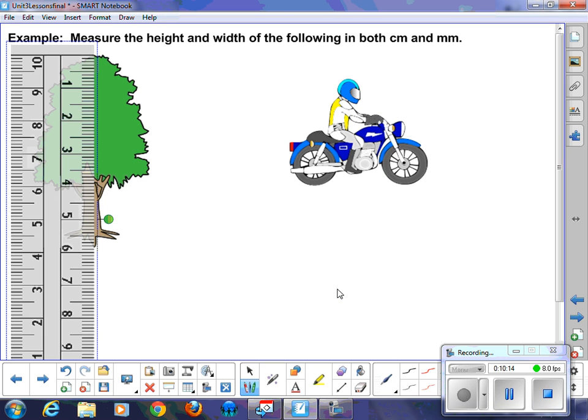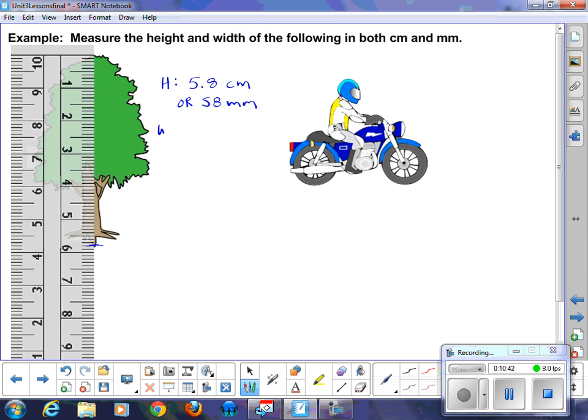So I just want to remind you of the difference between the two. So what's the height of this tree? Well, it goes down to right here. Remember, there are 10 increments between the 5 and the 6. So that means you're going to be 5 decimal, 1, 2, 3, 4, 5, 6, 7, 8. So the height is 5.8 centimeters, or 58 millimeters. So it's whatever you're reading it in.